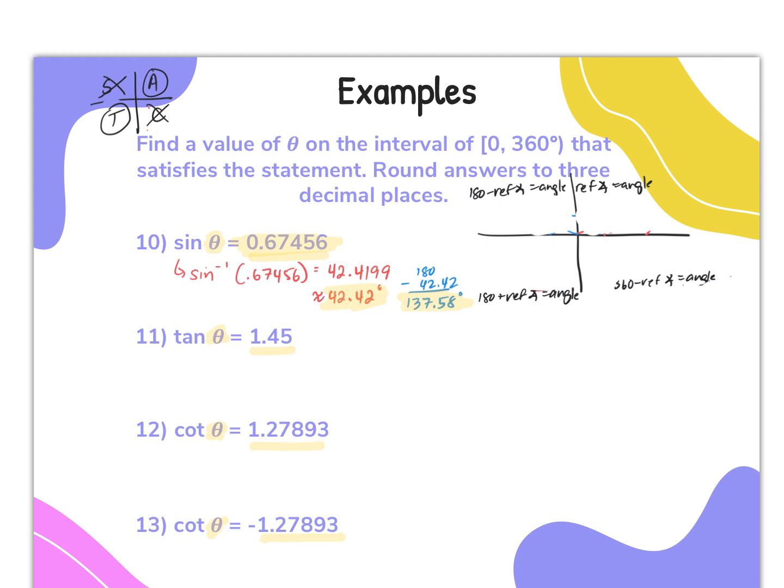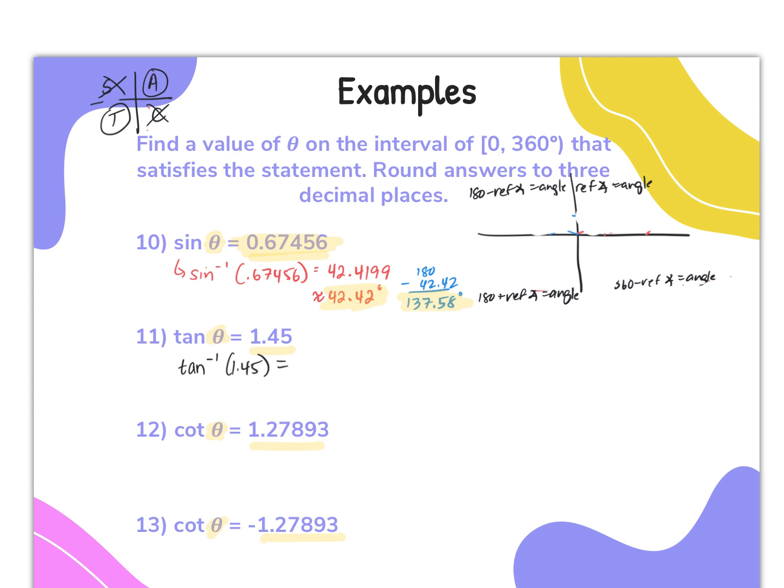So now I'm going to do the inverse tangent of 1.45, and I'm going to get my first degree measure. So again, I'm going to do 1.45, inverse tangent of that number.